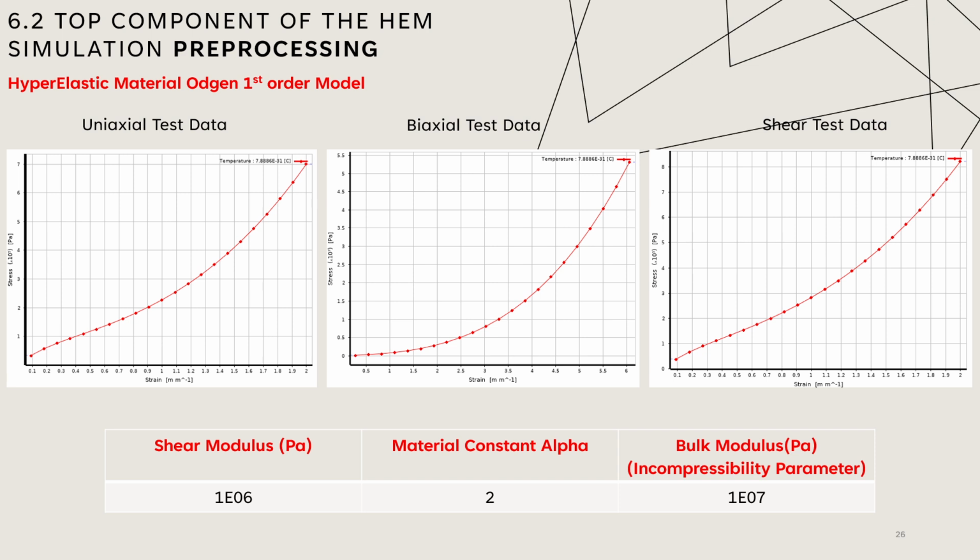The bulk modulus is described as an incompressibility parameter in ANSYS, and it is the reciprocal of the bulk modulus, so don't worry about that. But remember, these three parameters are very important while defining your hyperelastic material property in ANSYS or any kind of simulation tool.